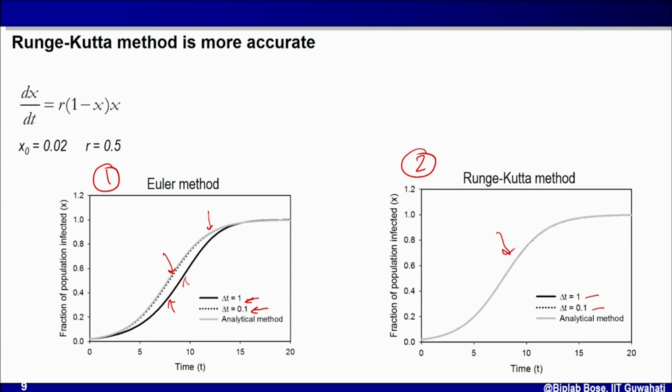You can see clearly in this graph, all these 3 have the same data and they have collapsed into the same line, and you cannot see them because they are overlapped. So it shows that in the Runge-Kutta method, we have used an average slope. This average slope technique is giving us a better, more accurate result than Euler's method.